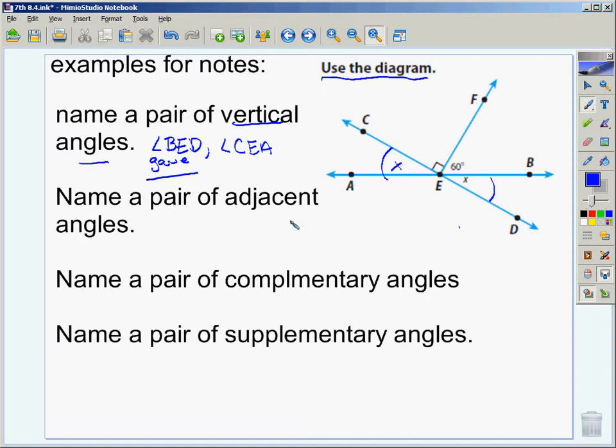Name a pair of adjacent angles. Again, I'm going to give you one to name something adjacent to it. If I give you this one, I'm giving you angle BED, this angle, BED, what's adjacent to it?